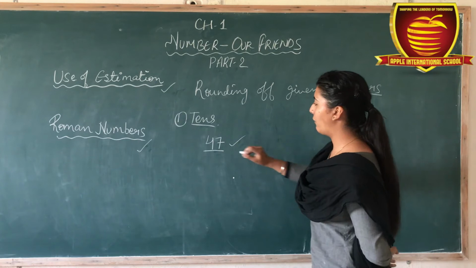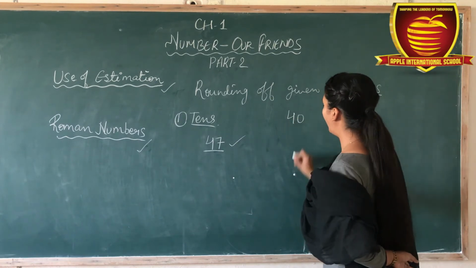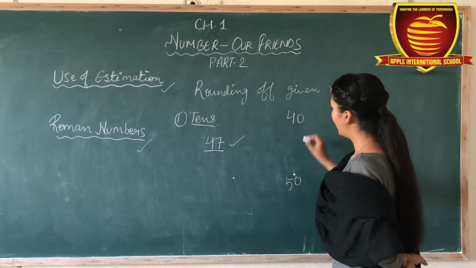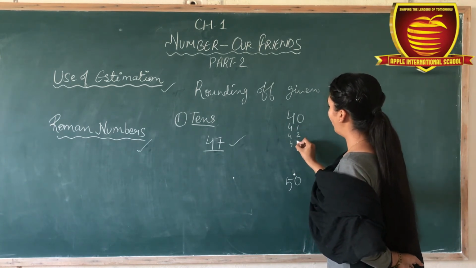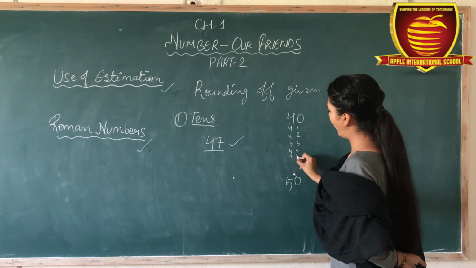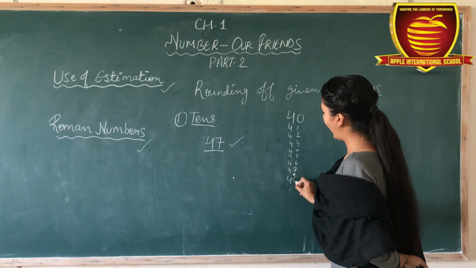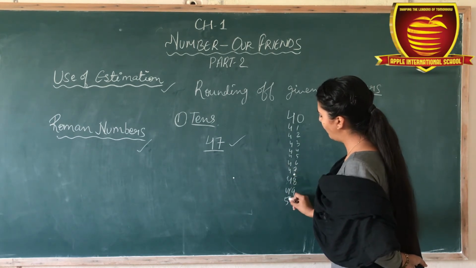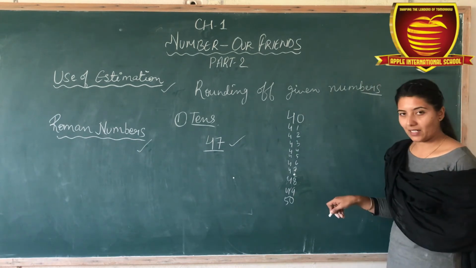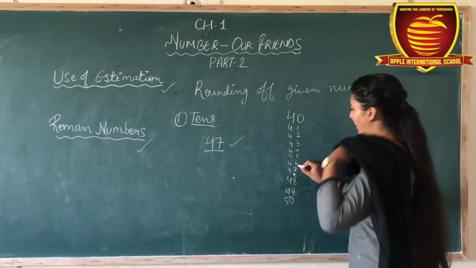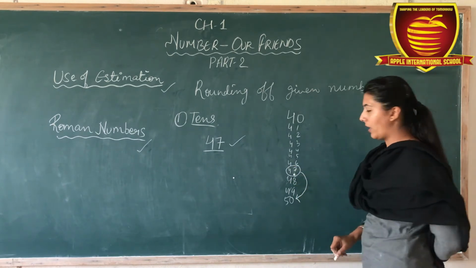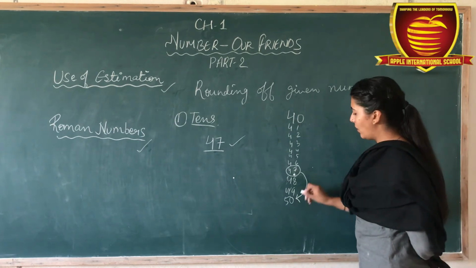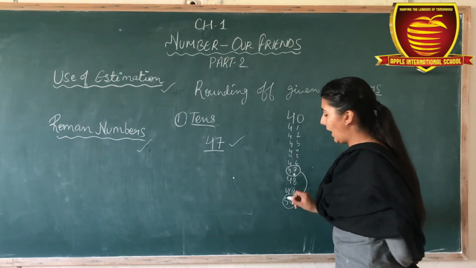Firstly, think that 47 lies between 40 and 50. Between them there are the numbers 41, 42, 43, 44, 45, 46, 47, 48, 49 and 50. Here you can see 47 is nearest to 50.